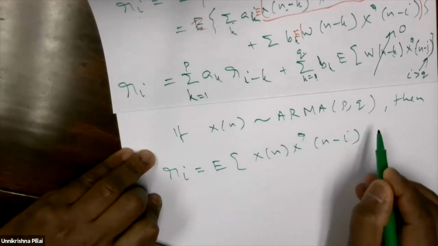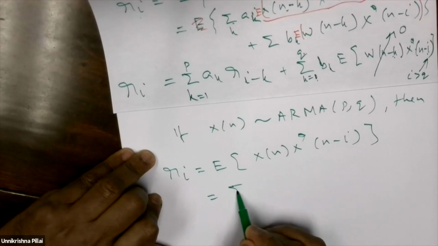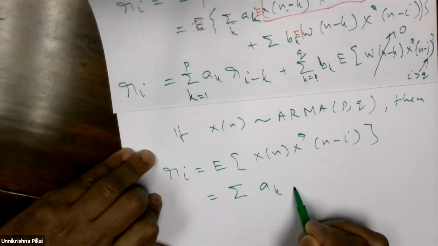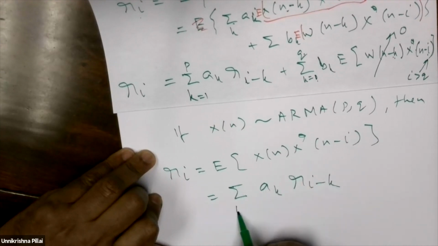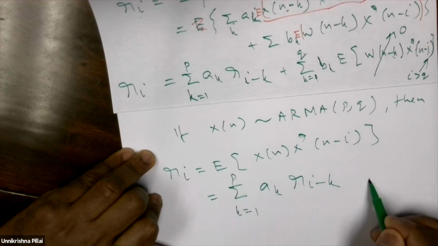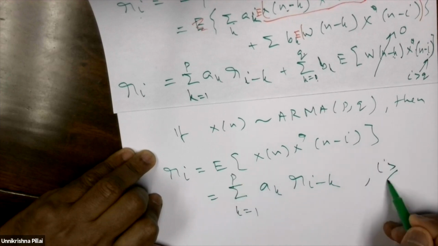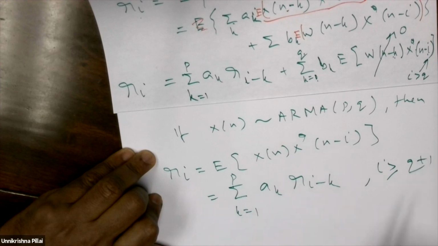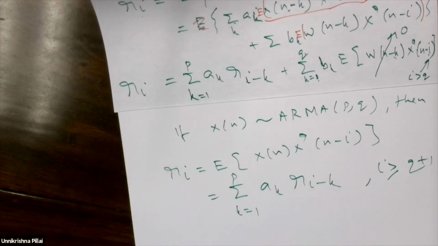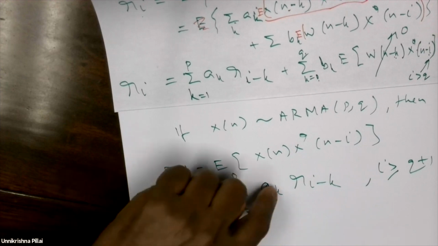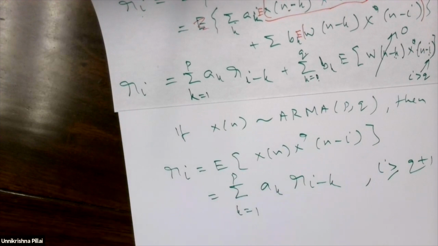So the output autocorrelation has this property. Basically what it says is, if you look at the large values of R_i, it only depends on the previous p values of R_i. The output autocorrelations have some linear dependency.